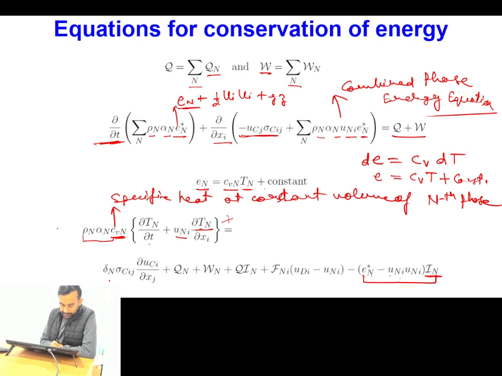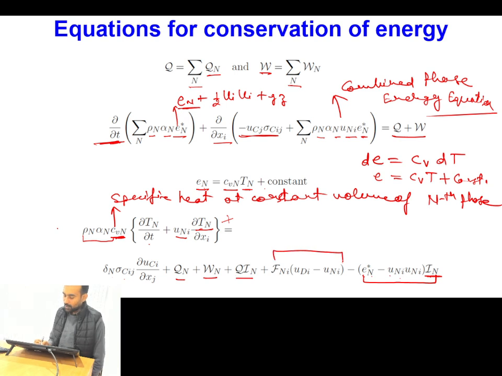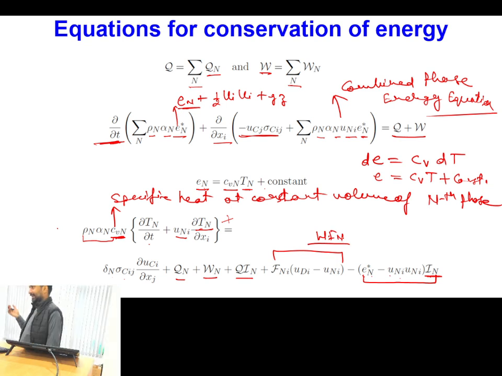And here, because I am talking about the nth phase, so delta n into sigma Cij into del UCi divided by del Xj plus Qn plus Wn plus Qin. And how is Win replaced now? What is Win? Internal work interaction.